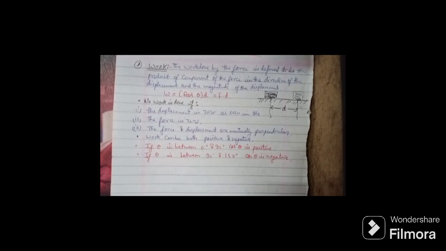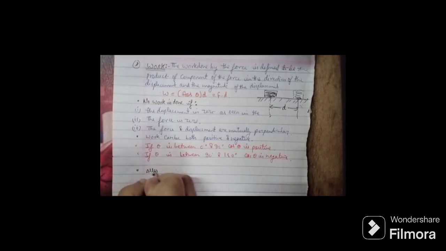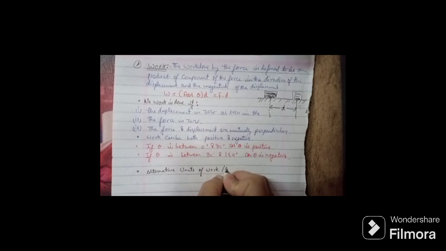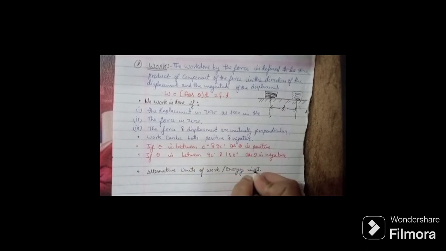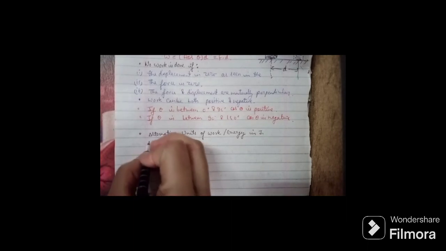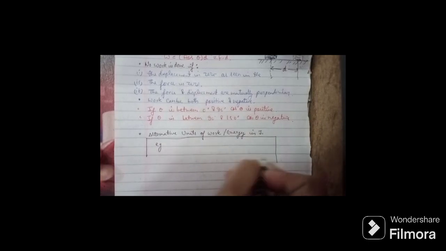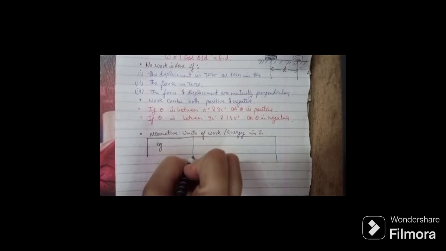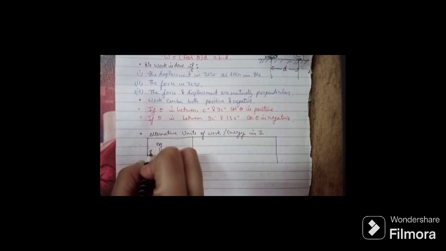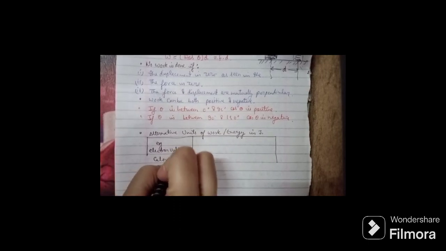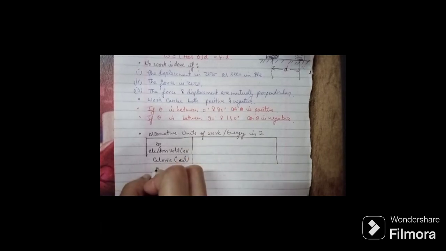Alternative units of work. So that is erg, electron volt, calorie, kilowatt hour.